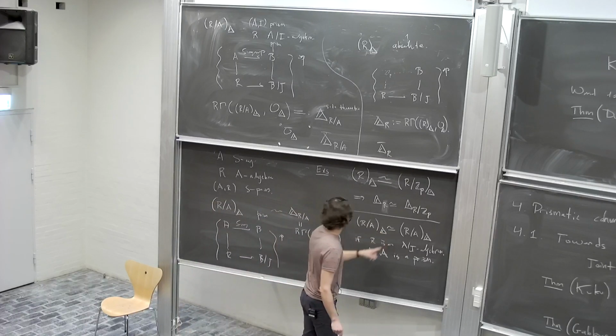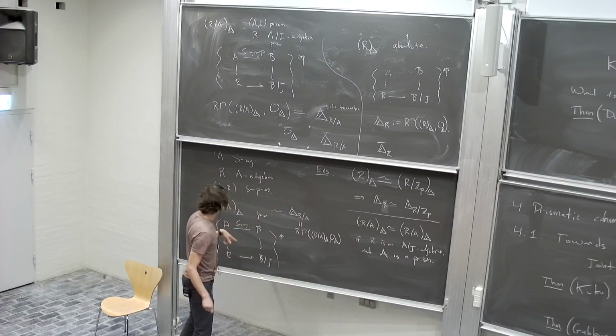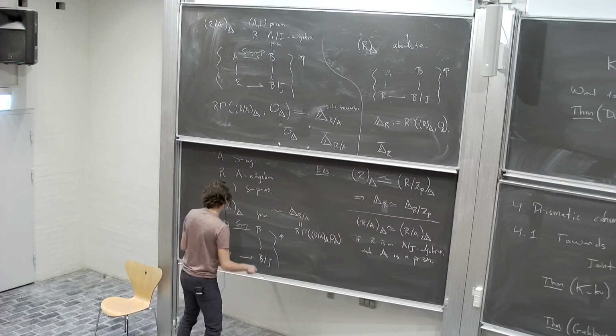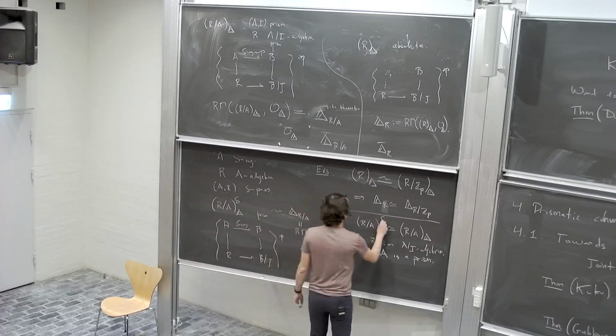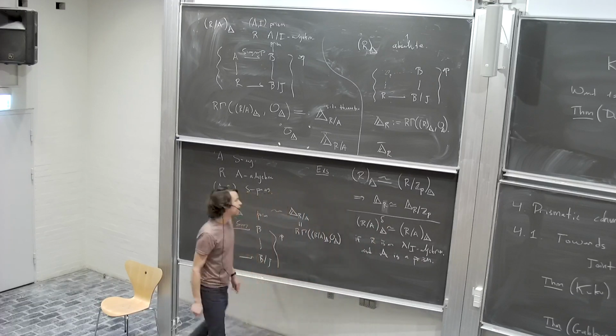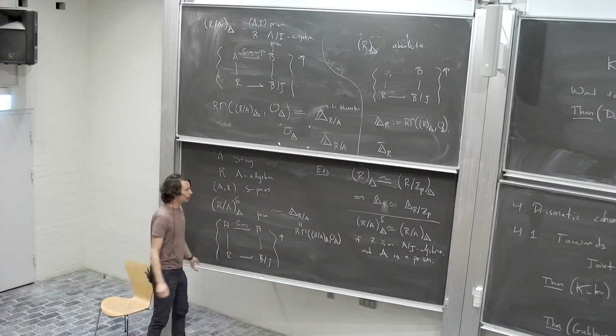Yeah, precisely, I've sort of overloaded the notation, and I'm saying that they're the same. So let's call this R over A delta and R over L delta here for the moment.